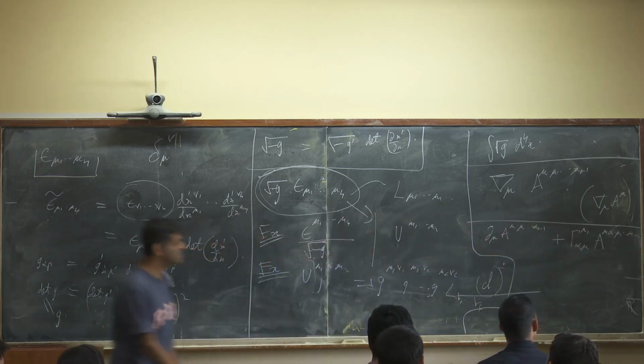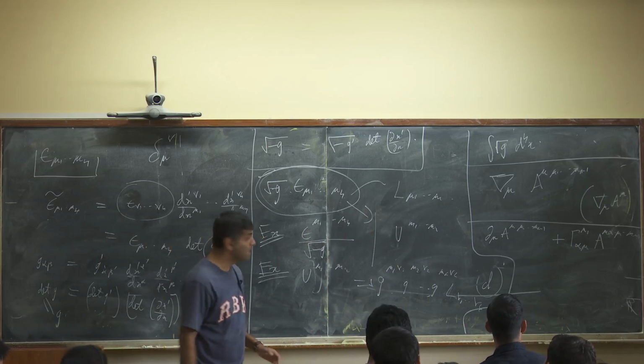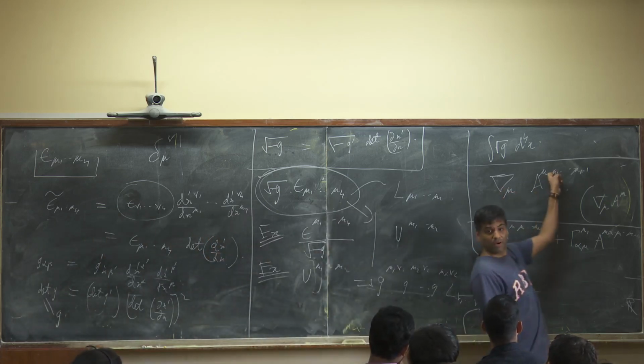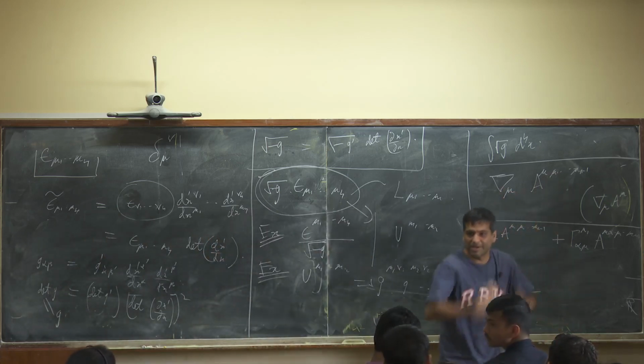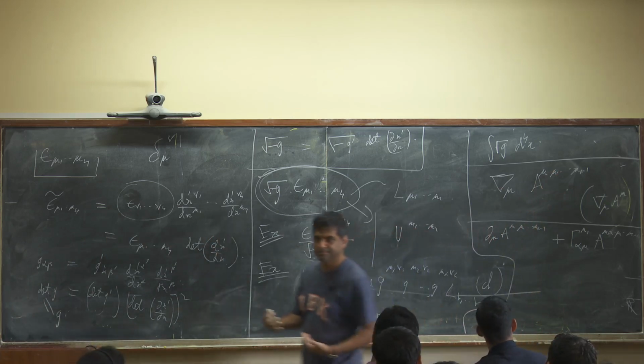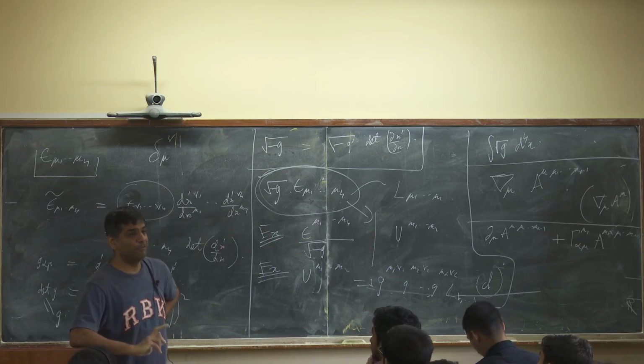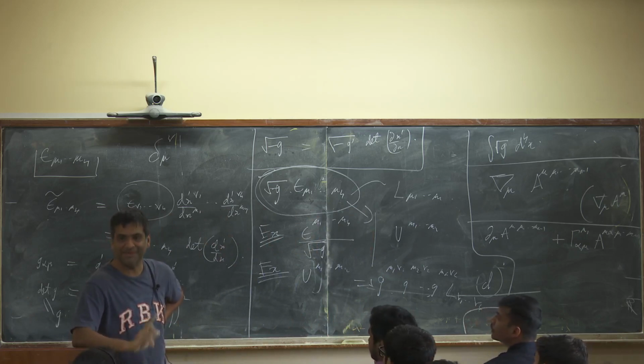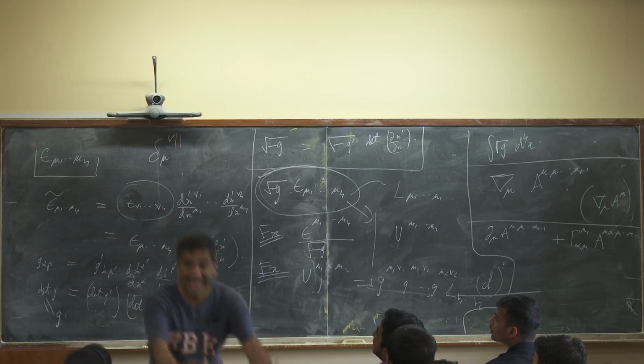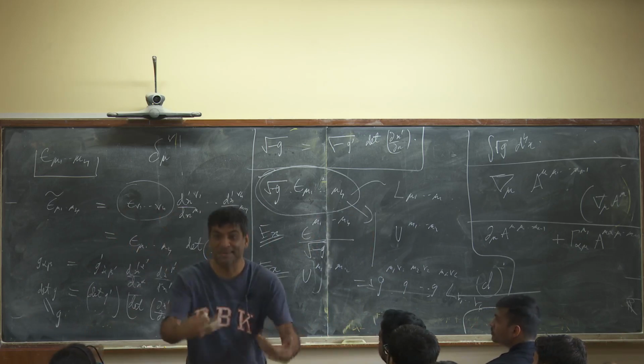Is this clear? Can you see? No, plus, because with upper indices it is plus, lower indices minus. The rule for parallel transport involved a minus with upper indices, but you subtract out the parallel transported thing, so it becomes plus.